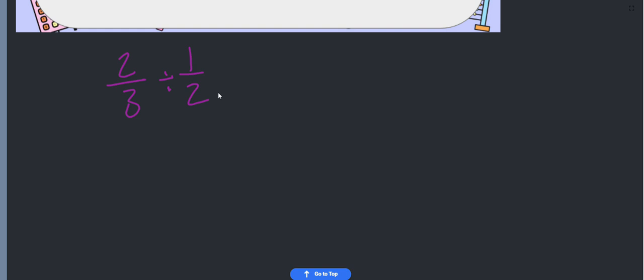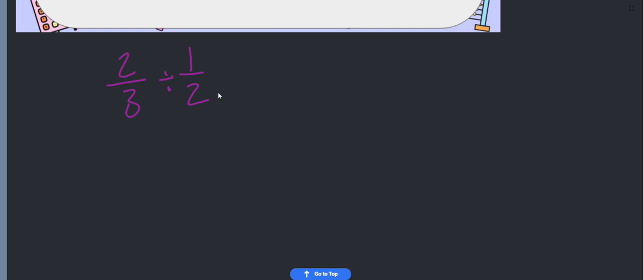Instead of trying to divide, because if you think about what division means, it means that we're dividing into groups, right? So how do I divide 2/3 into half groups? That doesn't really make a lot of sense in your brain, right? There are some visuals for this that we could talk about later, probably on Friday.